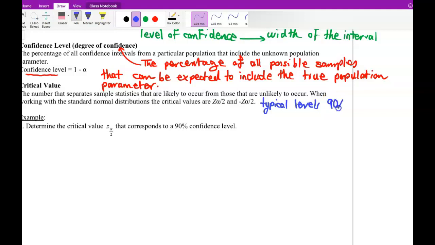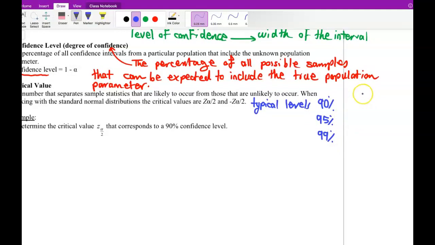We have 90%, 95%, and 99%. So based on this, what I have for alpha here, alpha is equal to 10%. Here is 5%, and here is 1%.